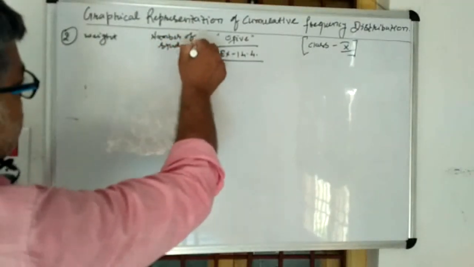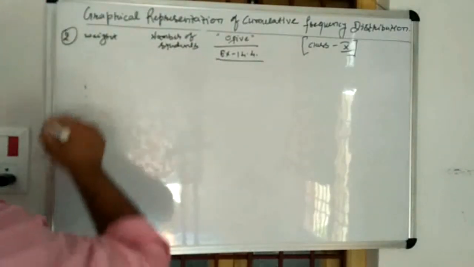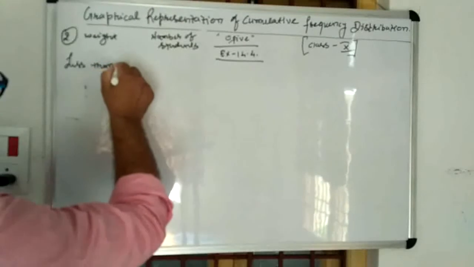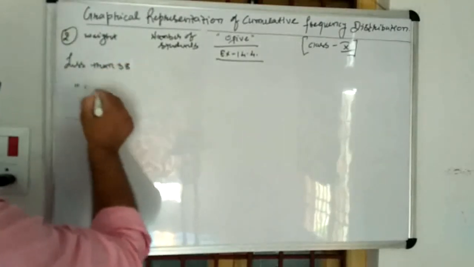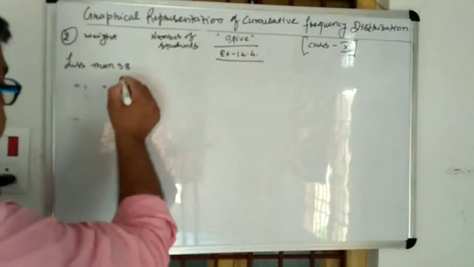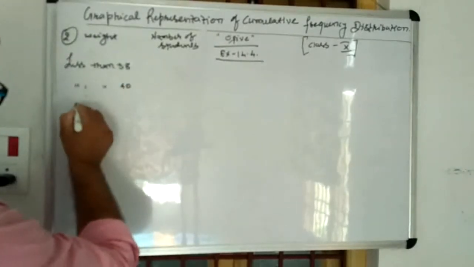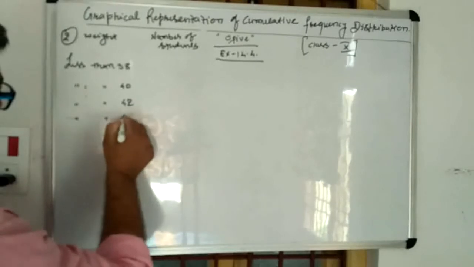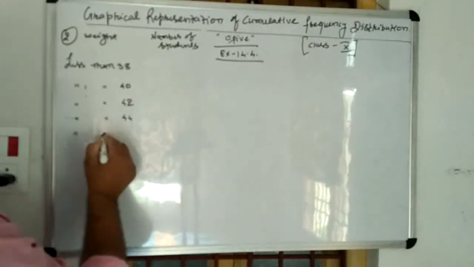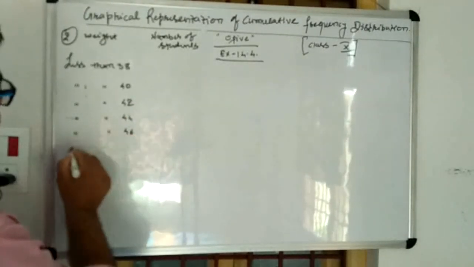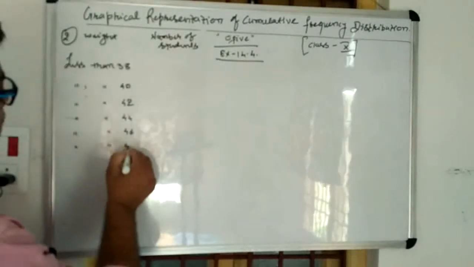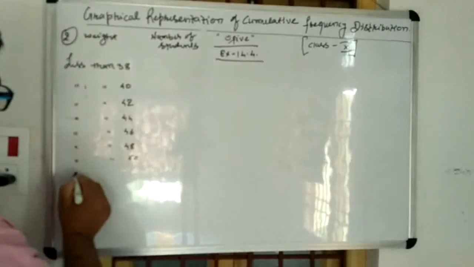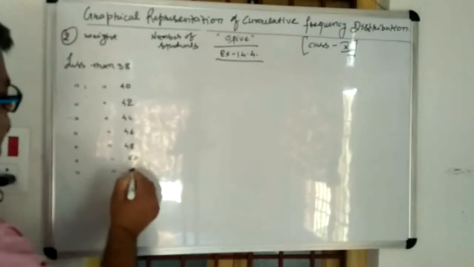The weight is given in the less than series: less than 38, less than 40, less than 42, less than 44, less than 46, less than 48, less than 50, and less than 52.